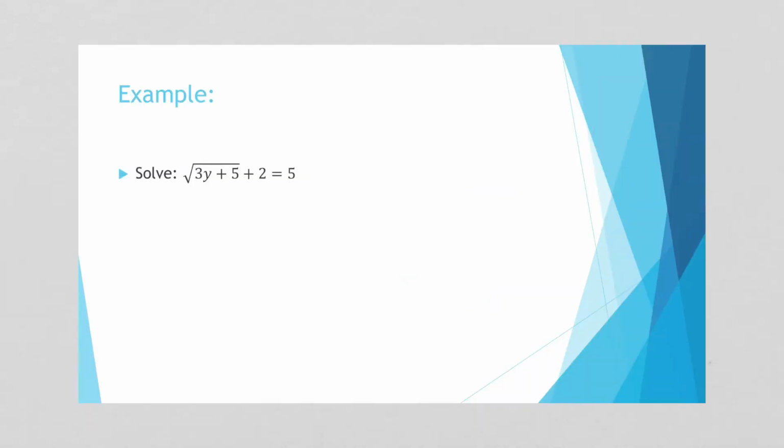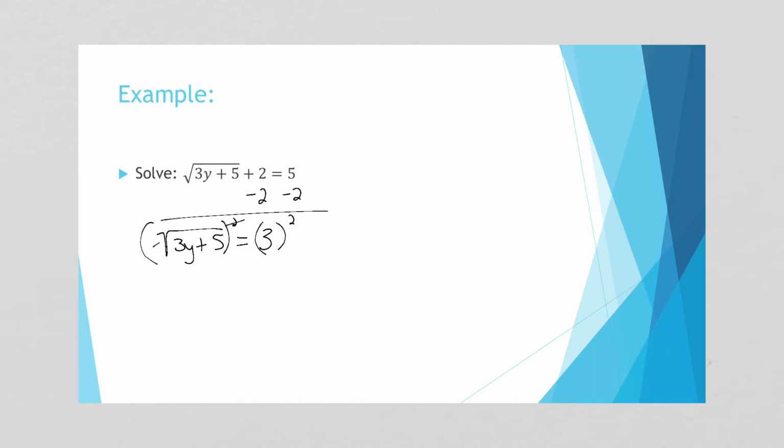Right, so what about this problem? It looks like we already have a number over here. It's not 0. That's okay, totally fine. We can still do the same thing that we've been doing. First, we're going to subtract 2 from both sides. And now we're going to square both sides.